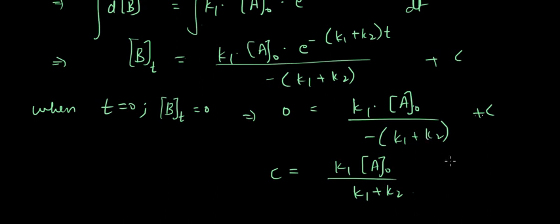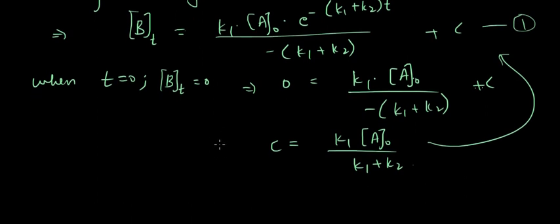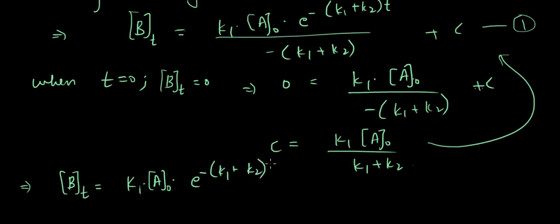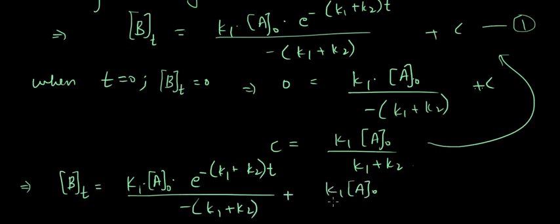If we put this again in this equation, or in equation number 1, we can get that Bt would be equal to K1 times A naught e to the power minus K1 plus K2 t divided by minus K1 plus K2, plus c, which would be equal to K1 times A naught divided by K1 plus K2.